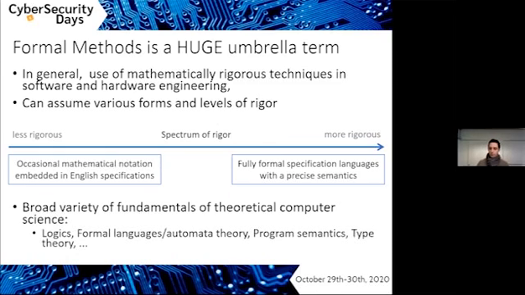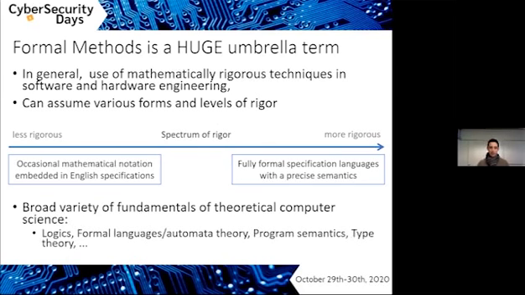So let's jump directly in: what are formal methods? What do we mean when we use this terminology? It is a very broad umbrella term. It comprises many techniques, and with something this broad, usually the definition gets a bit fuzzy at the border.